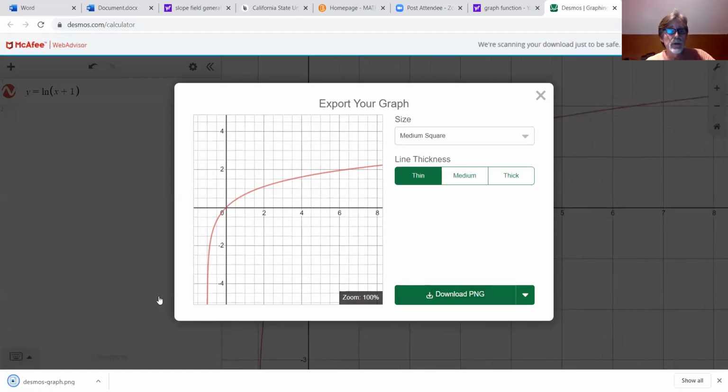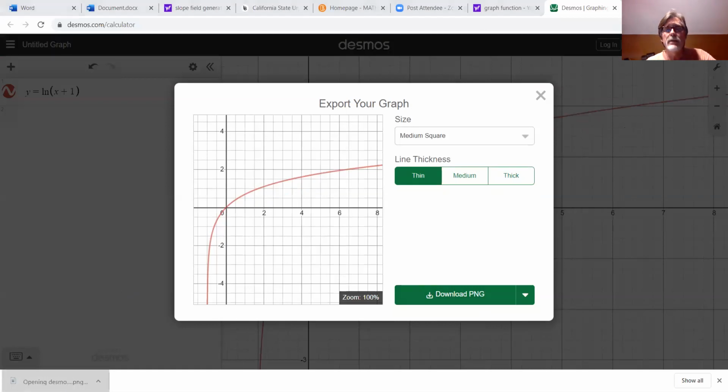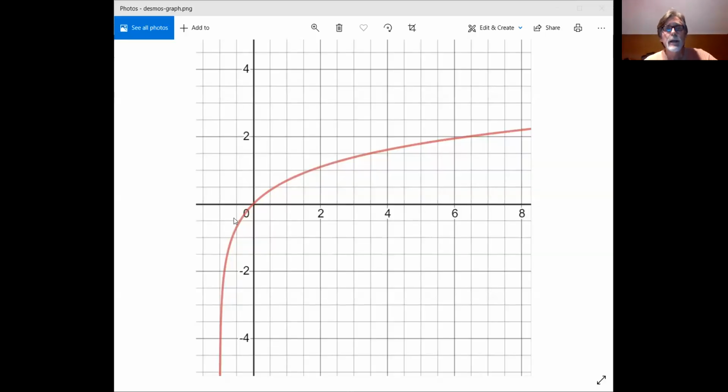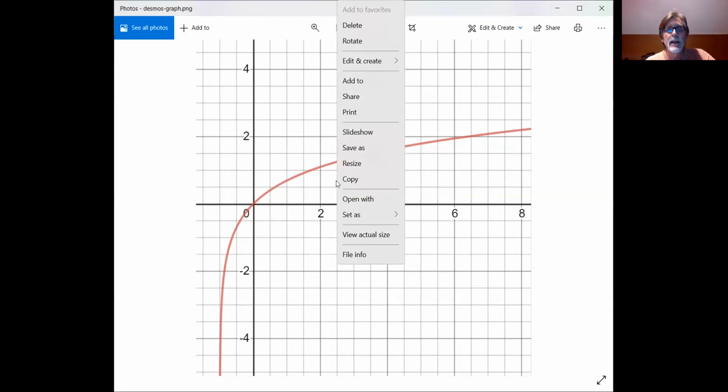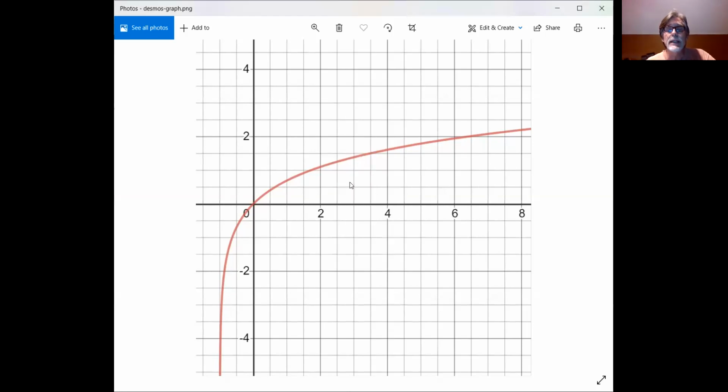You might be able to see down here this. When I hit that, it's going to pop another screen you cannot see, but that is an image. And what I do on that, well, let me show you that. I'll stop the share here, and I will share that guy instead. Here he is. I'm now in Photos. What I'm going to do is right-click this, and I'm going to say copy.